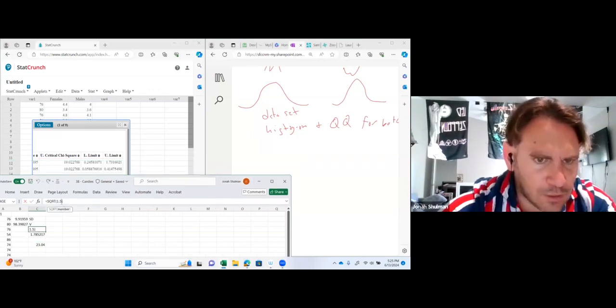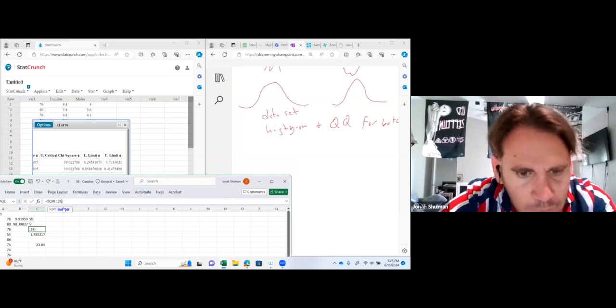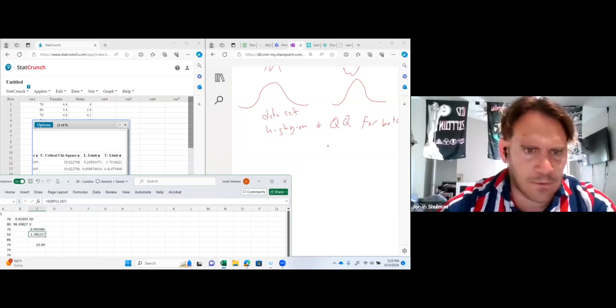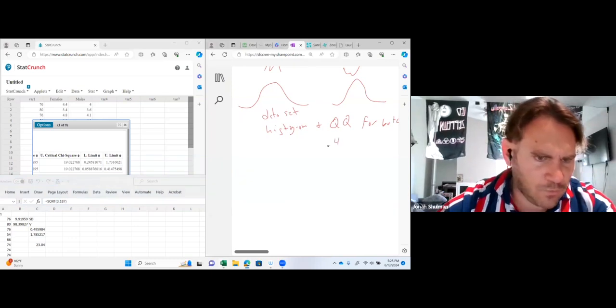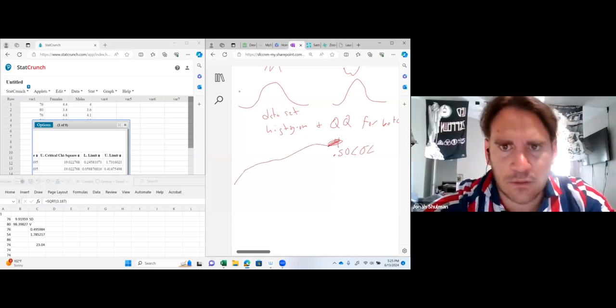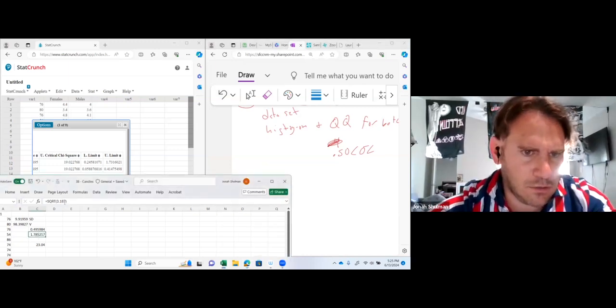So the girls is 0.25, 0.245, 0.246 rounded. So this is the women. The women are between 0.50, and then the other side is 1.732.